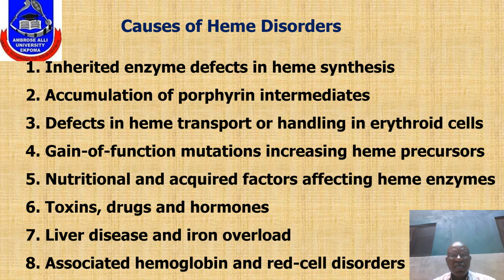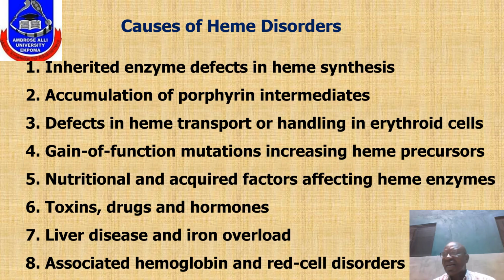7 is liver disease and iron overload. Liver disease is a major factor because when the liver is diseased, then a lot of metabolic problems will ensue. Finally, number 8, we have associated hemoglobin and red cell disorders.